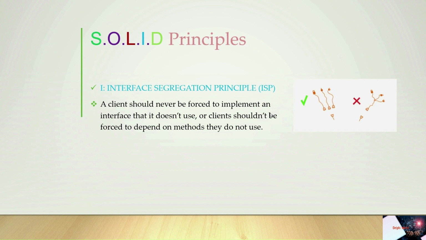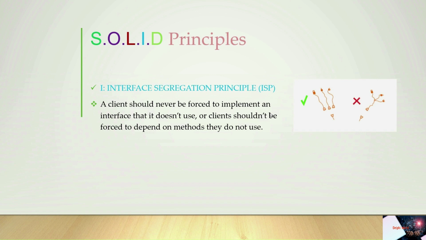That is what this point is saying: the client should never be forced to implement an interface that it does not use. Here we are forcing the client class to implement all 7 methods of the interface that are not required.